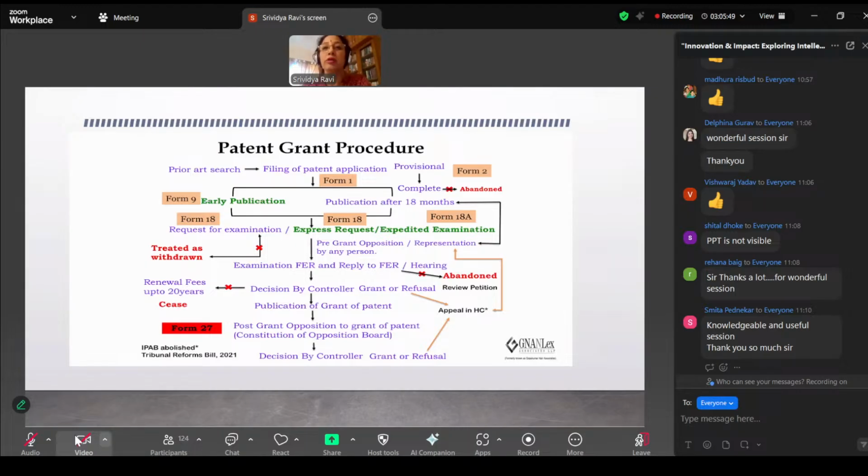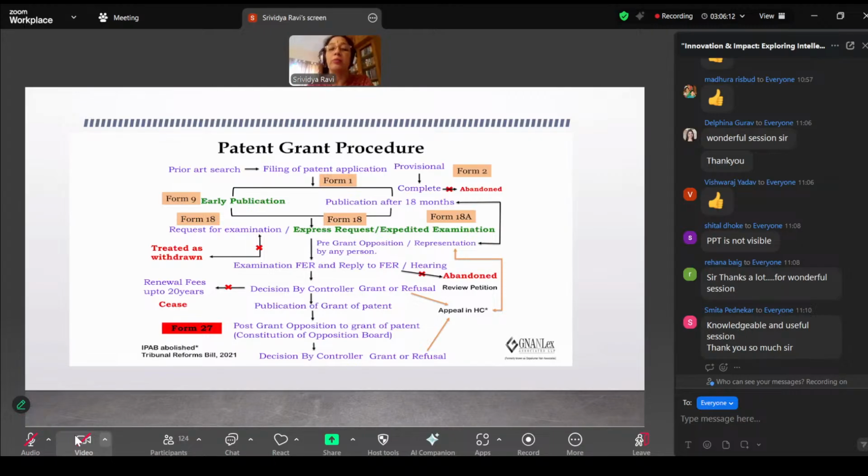So suppose today is your date of invention, let's assume 25th July, and consider any document that has come up in the public domain. It could be a journal publication, it could be another patent, it could be a newspaper article, it could be a dissertation or a PhD thesis from a student.